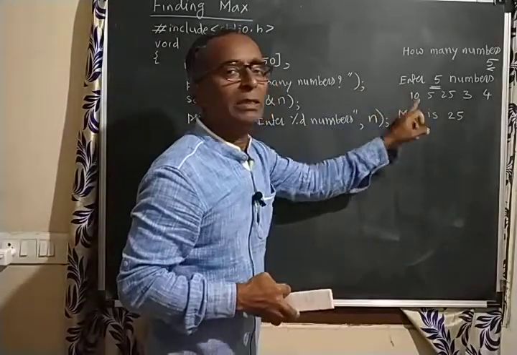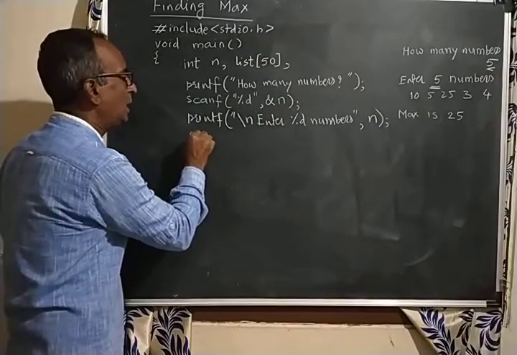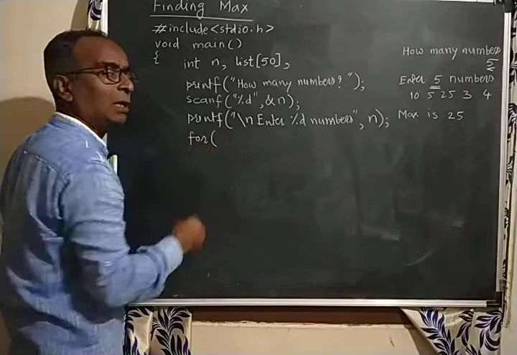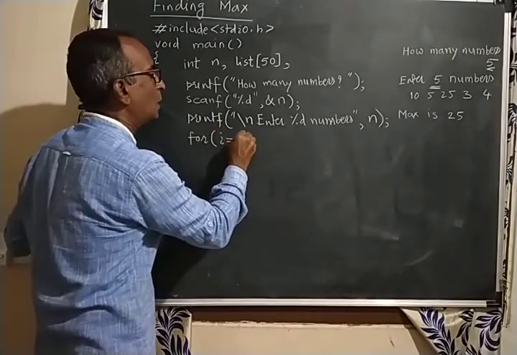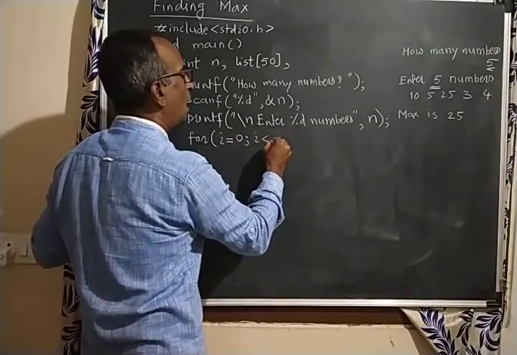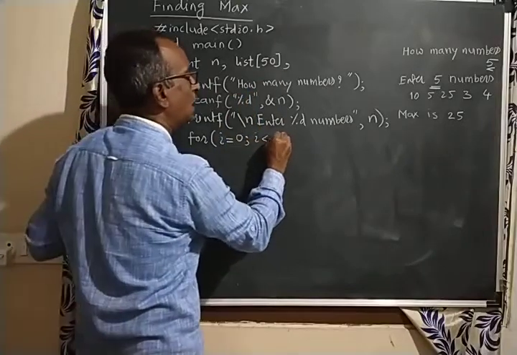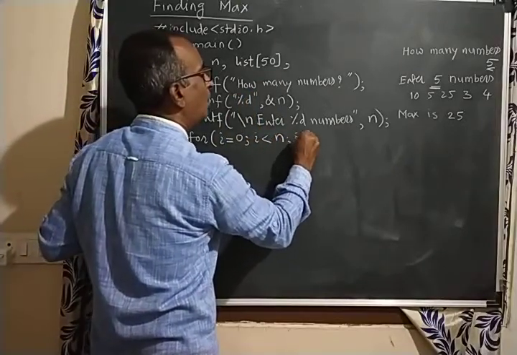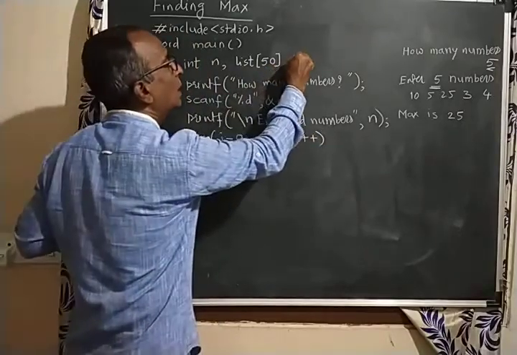Now whatever you enter should go into the array. For reading an array, you always require a loop, and the index range for an array always starts from 0. How many elements are you reading? N elements. So i less than n, i plus plus. i has not been declared, so declare i here.